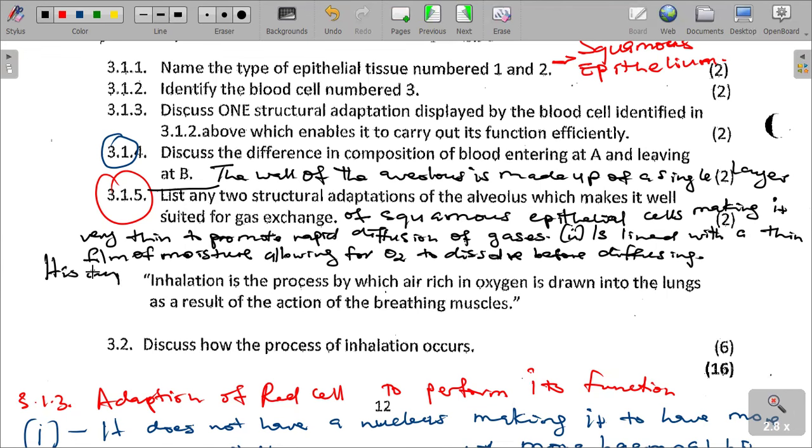It is cup-shaped, which increases the surface area for gaseous exchange.